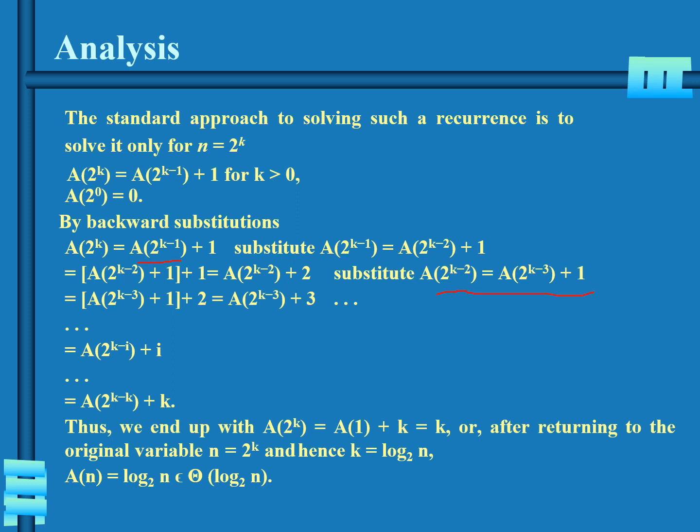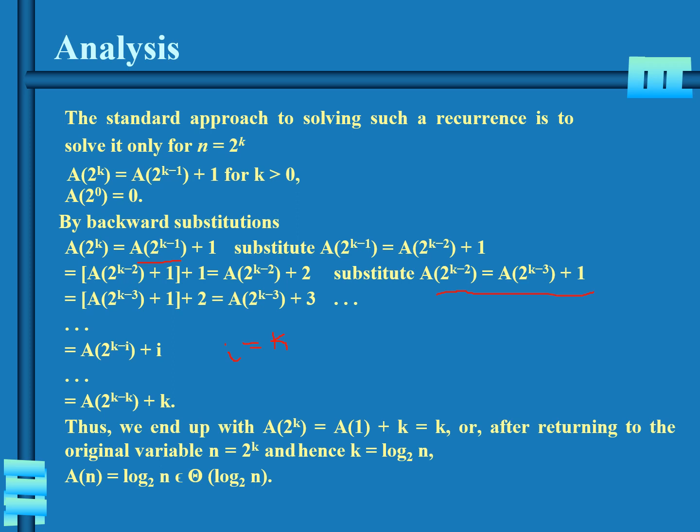We know that the initial condition A of 2 power 0 is equal to 0. So you have to make this term equal to A of 2 power 0. Substitute i is equal to k. If you put i is equal to k, A of 2 power k minus k plus k.